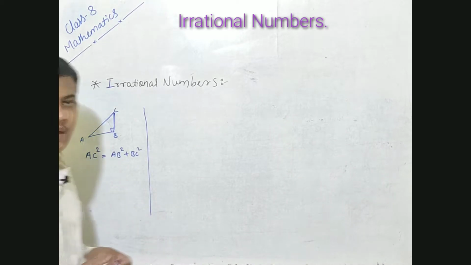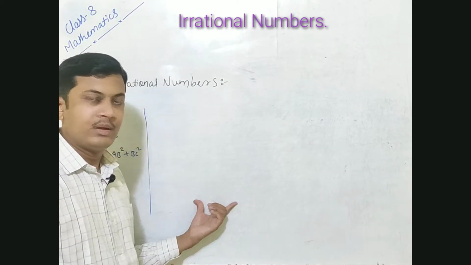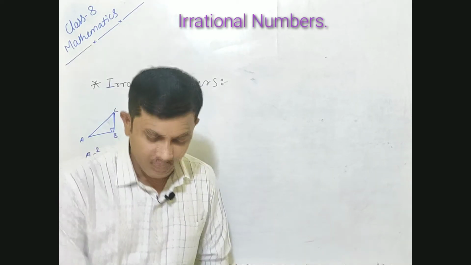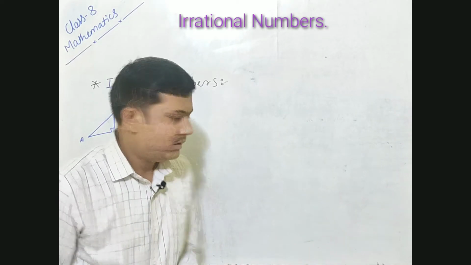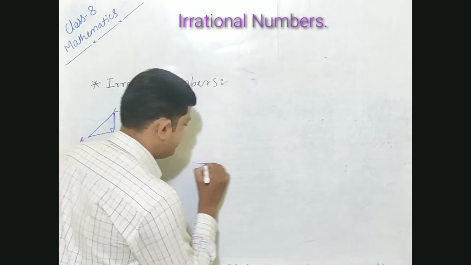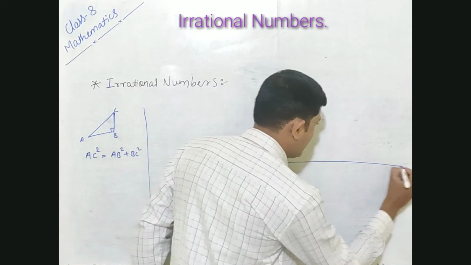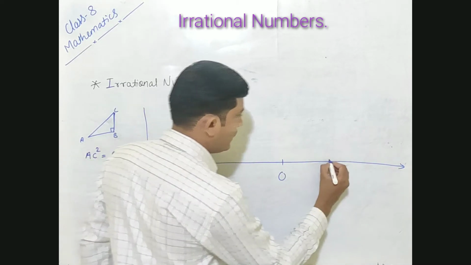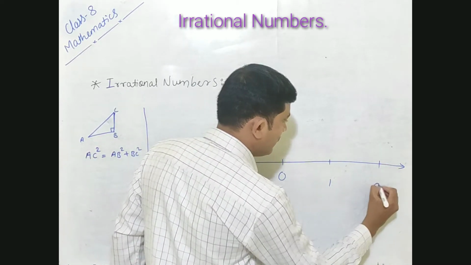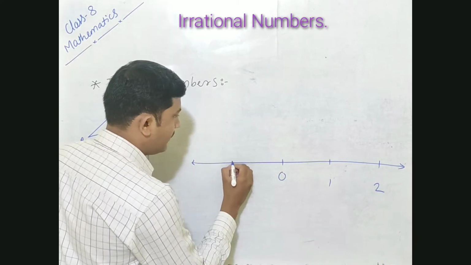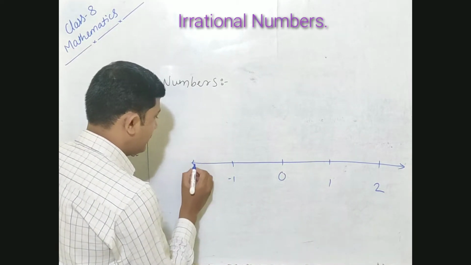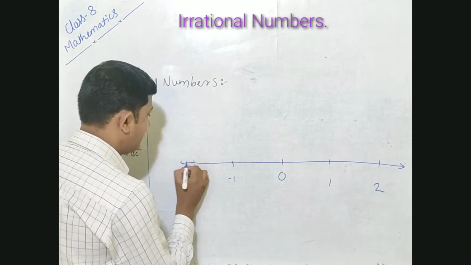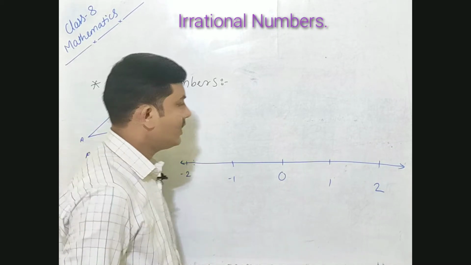In the same way we have to apply the Pythagoras theorem on the number line, and we have to find the value of root 2. So first of all, take a number line. Here 0, 1, 2, and in the same way here -1 and here -2.